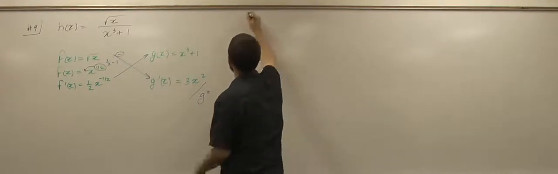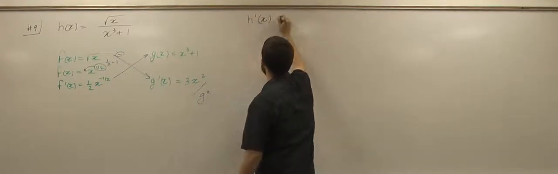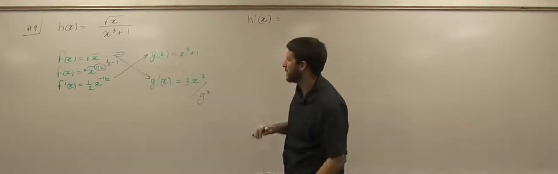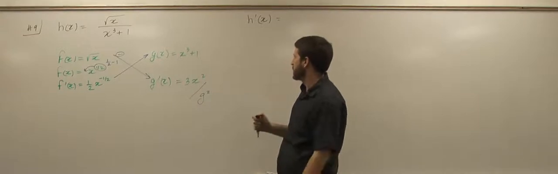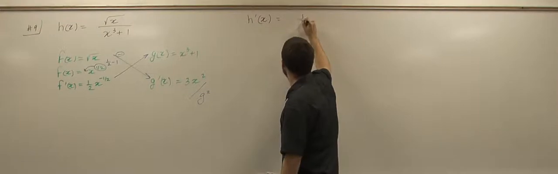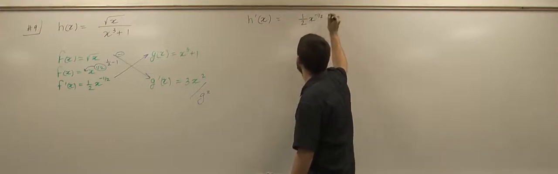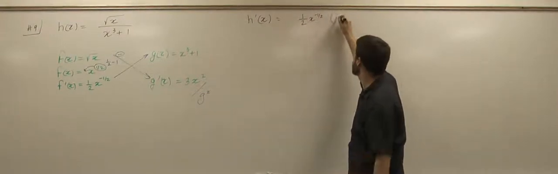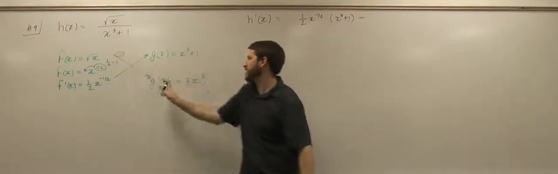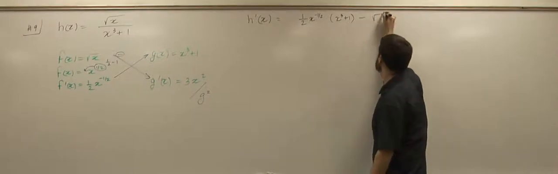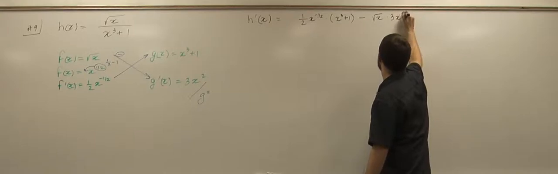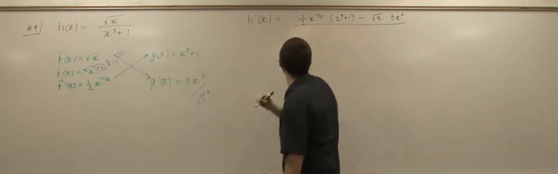So I'm going to write it over here. H prime of x equals this guy times this guy. Let's leave it as a negative 1/2. So 1/2 x to the negative 1/2 times x cubed plus 1, minus this guy times this guy, root x times 3x squared, over g squared.